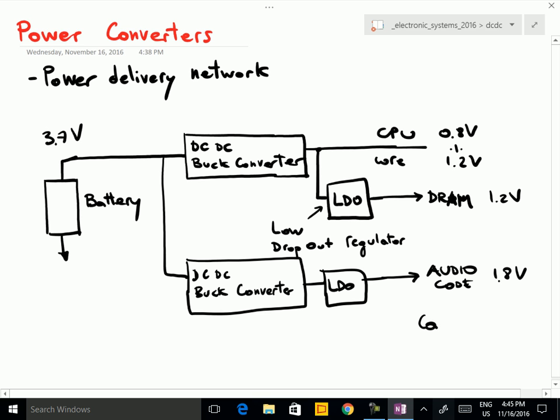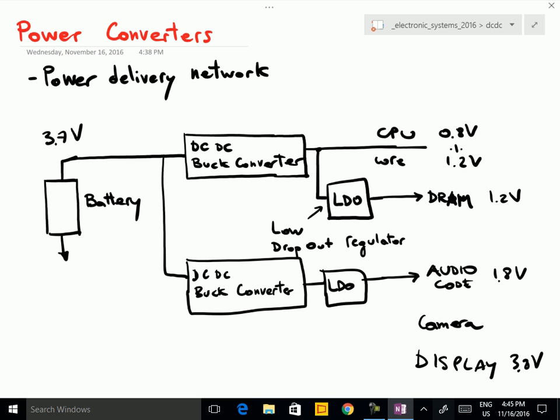Then there is the camera, just to consider the most important one. And then there is of course the display, which actually uses a lot of power. The backlight of the display requires 3.8 volts because you need to provide power supply to some color LEDs which need larger voltage, and the camera typically needs 2.8.